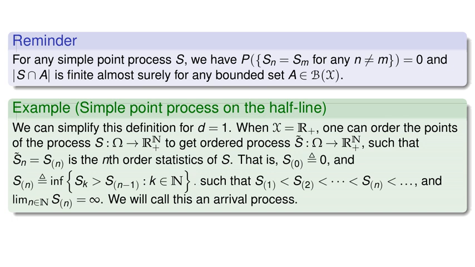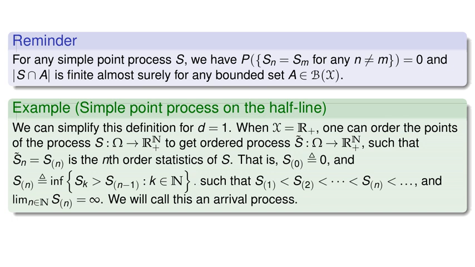We can order the points of the process S, which maps from omega to R plus raised to N. This gives us an ordered process, let's call it S tilde, also mapping from omega to R plus raised to N, such that S tilde sub n is S sub n, representing the nth order statistic of S.